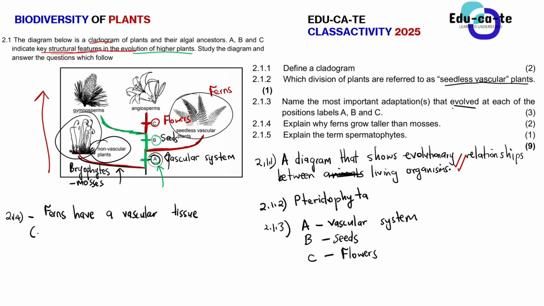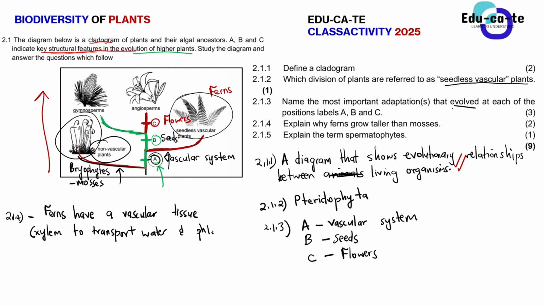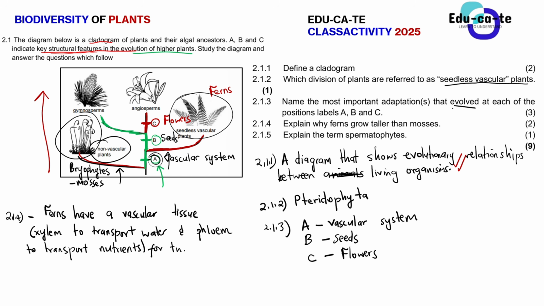So vascular tissue, we're talking about xylem to transport water, and phloem to transport nutrients. So this is for the plant's growth.